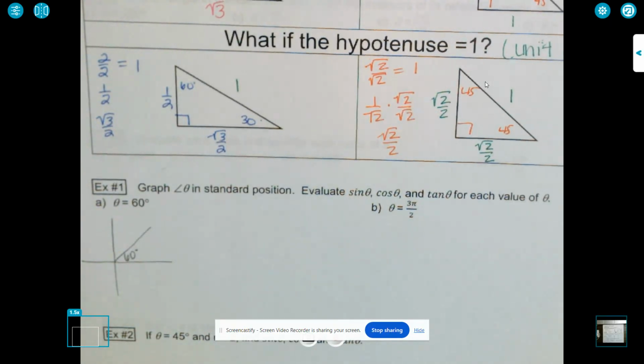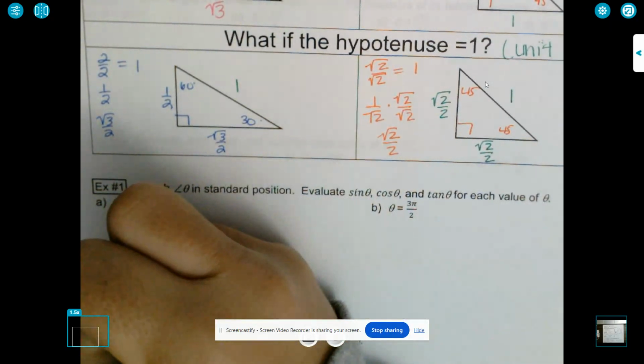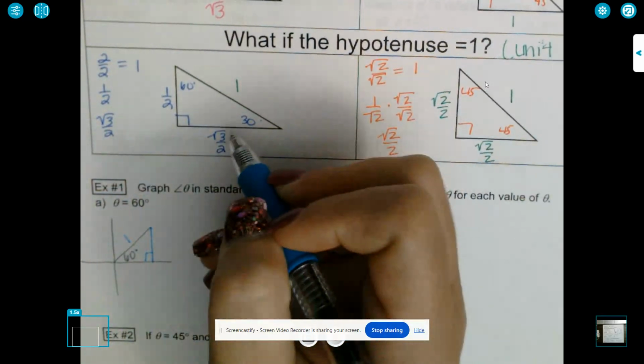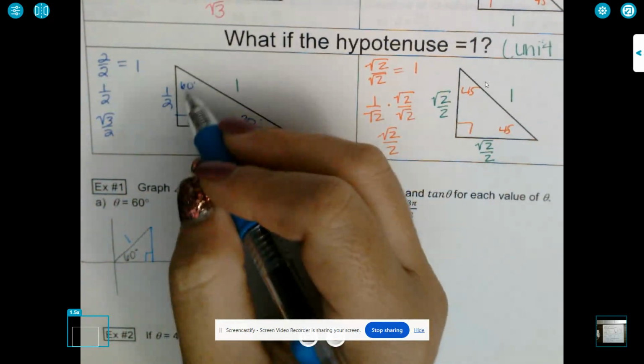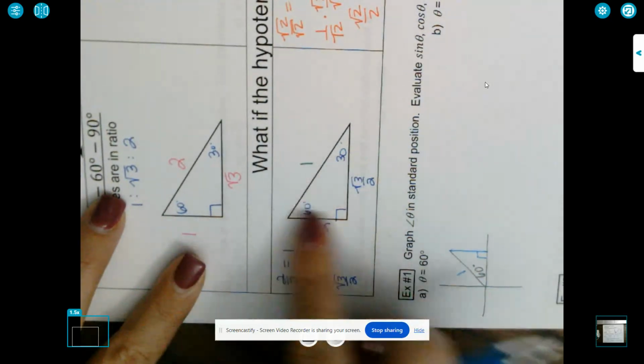Okay, so when we look right back up above us, we know our radius is 1, right? So we're going to drop our perpendicular and make our triangle. When our radius is 1, we're just going to kind of flip this. Everybody understand? You're basically flipping this triangle to look like so in this quadrant.